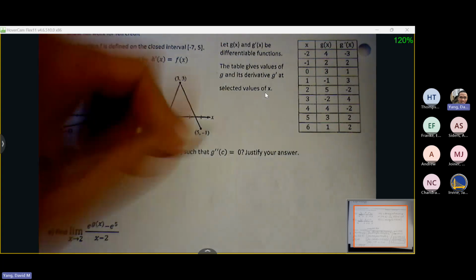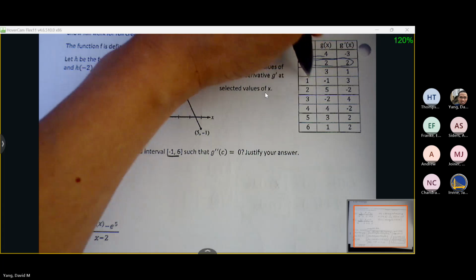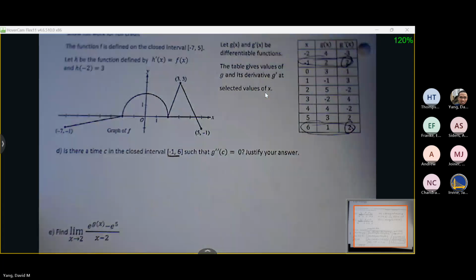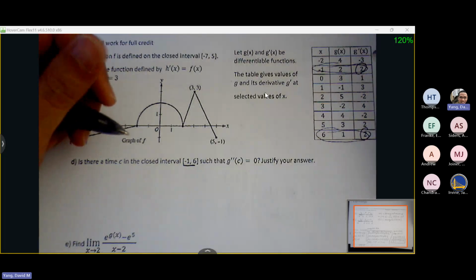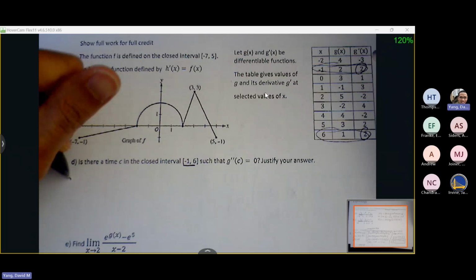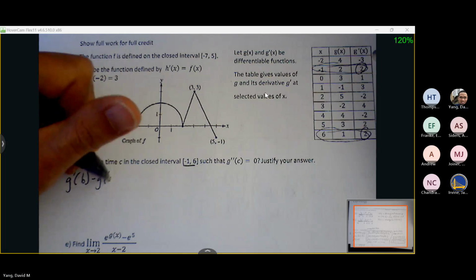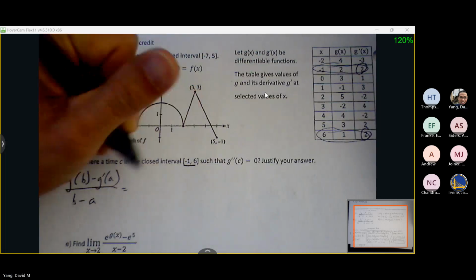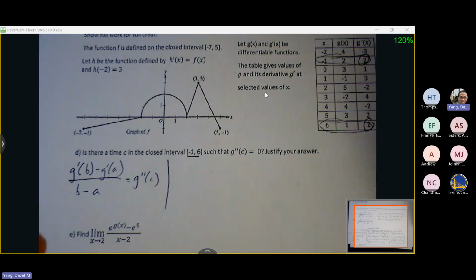So let's find the slope between the endpoints, between -1 and 6. If we want to adapt mean value theorem or Rolle's theorem, we know that the slope of the G prime graph is equal to G double prime of C, which is adapting mean value theorem.